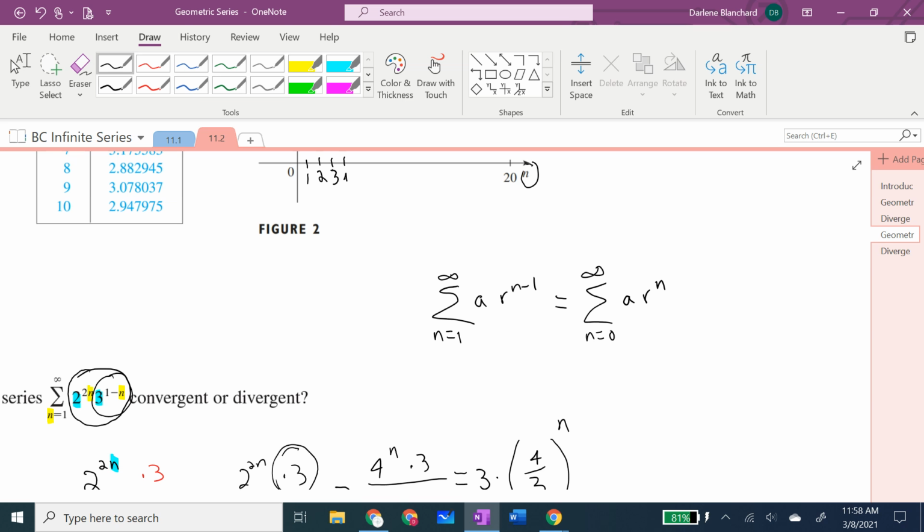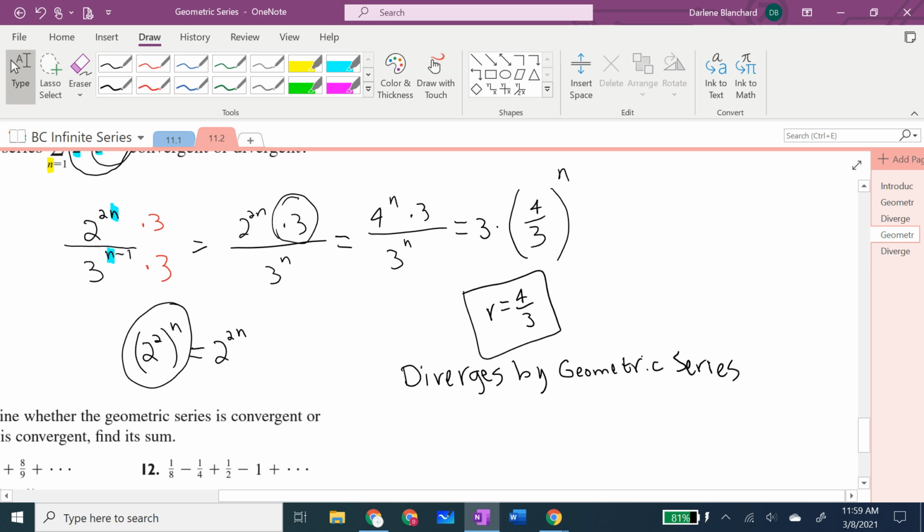And it's important that you see that that -1 doesn't affect the r, and that both of these mean exactly the same thing. The only reason it has an exponent of n minus 1 is because it is specifically saying this is the first term, and if you're starting at 1, then you have to wait one round before you start multiplying by r. So that's a very good question.